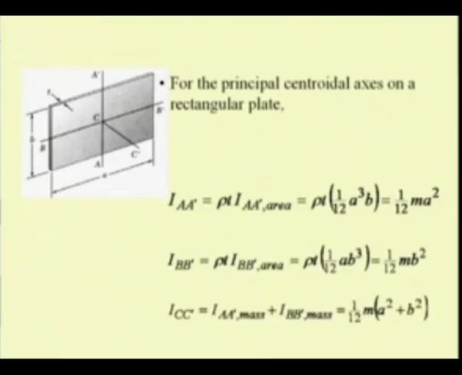And for the axis perpendicular to the plane of this rectangular plate, that is C prime, being the polar axis, we can sum the moments with respect to A and B. So, we have the summation of these two leading to 1 by 12 m times A square plus B square.